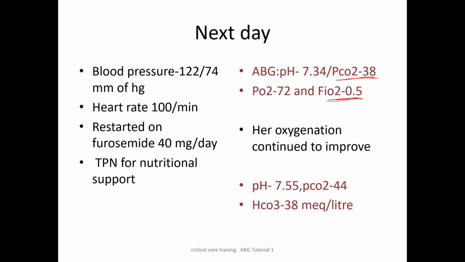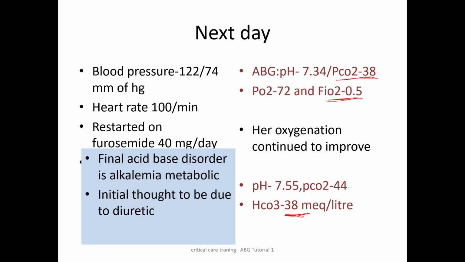And what we see after some time was a dynamic change in pH from 7.34 to 7.5, alkalemia, PCO2 44 and bicarbonate of 38. So you see how these dynamic changes are happening on the background of management of the patient, and the final acid-base disorder was alkalemia, here pH of 7.55, PCO2 44 and bicarbonate of 38.